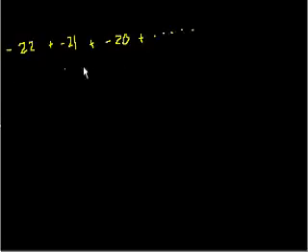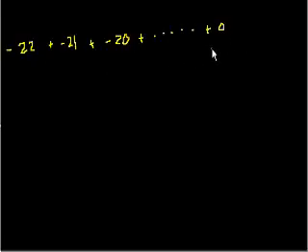So let's think about this. Let's draw the sum. It's -22 plus -21 plus -20, right? And it keeps going until it gets to 0, and then I'm going to go this way, and I'm doing that for a reason.